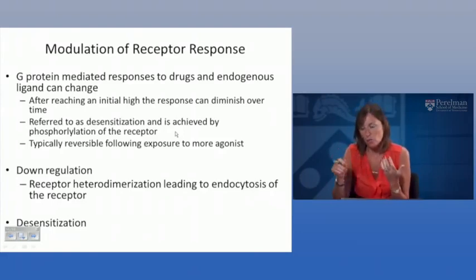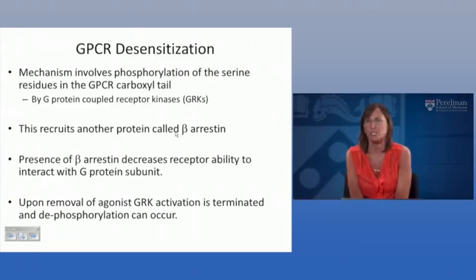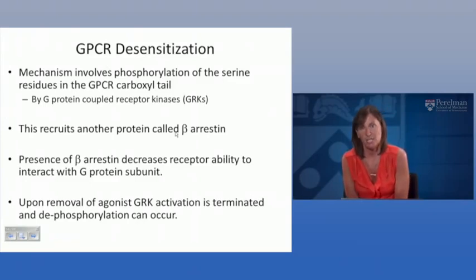And then there's also this concept of receptor desensitization. Receptor desensitization is important because it has recently become the focus of the development of a novel group of therapeutic drugs in cancer chemotherapy. So the mechanism of G protein coupled receptor desensitization is as follows. It involves phosphorylation of the serine residues in the carboxy tail of the receptor in the cytoplasm.